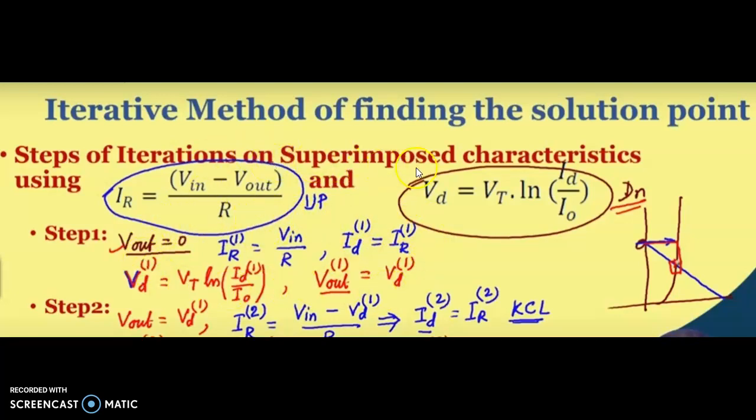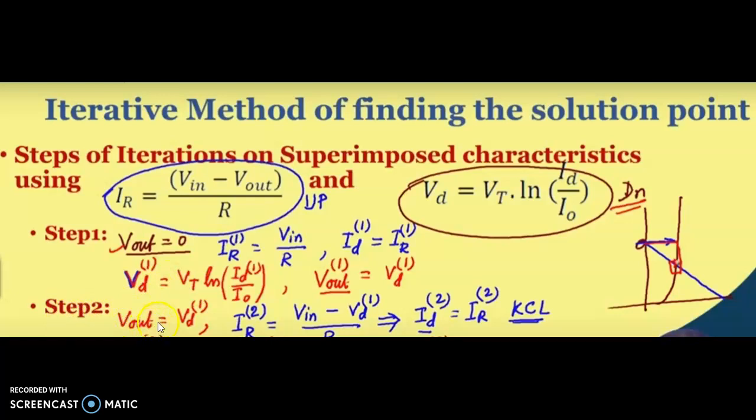Then step 2, V out. Okay, V out equals 0, Vd1 equals Vt ln of Id divided by I naught.